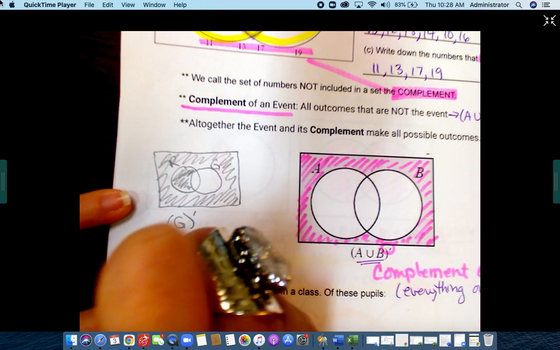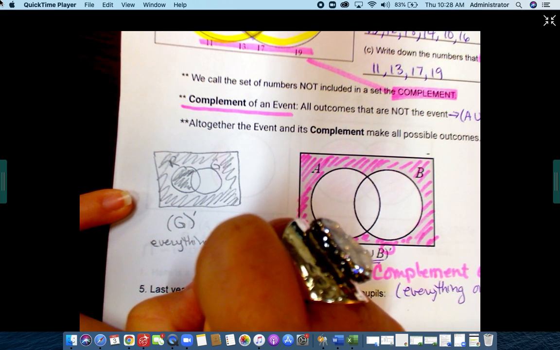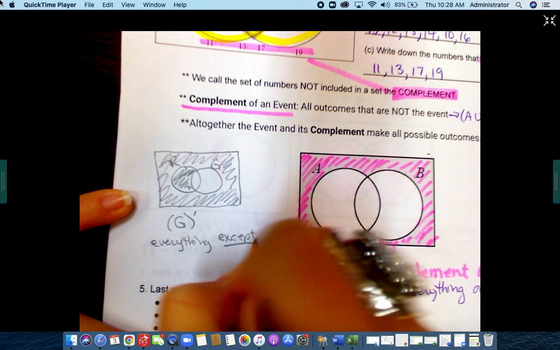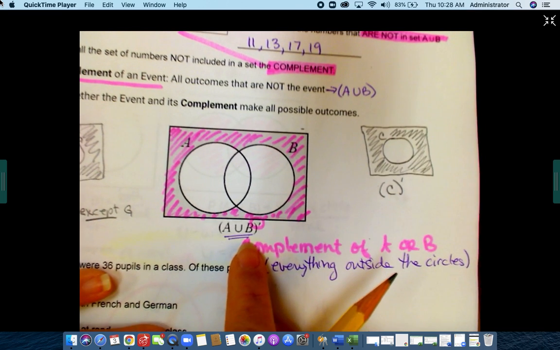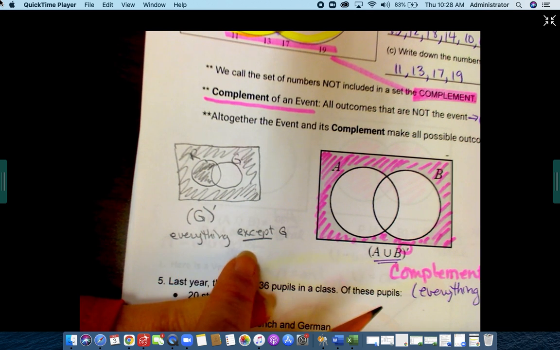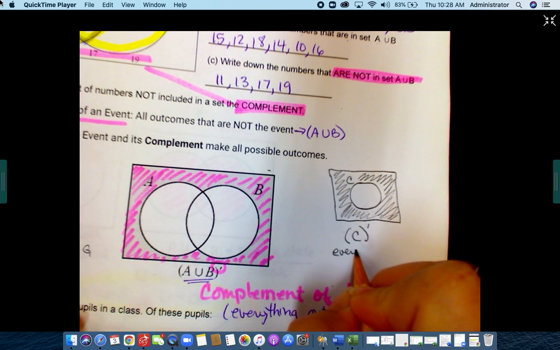So it would be everything except G. Does that make sense? Think about it that way. So the complement of this union would be everything outside the circles. The complement of G would be everything except G. And the complement of C would be everything except C.